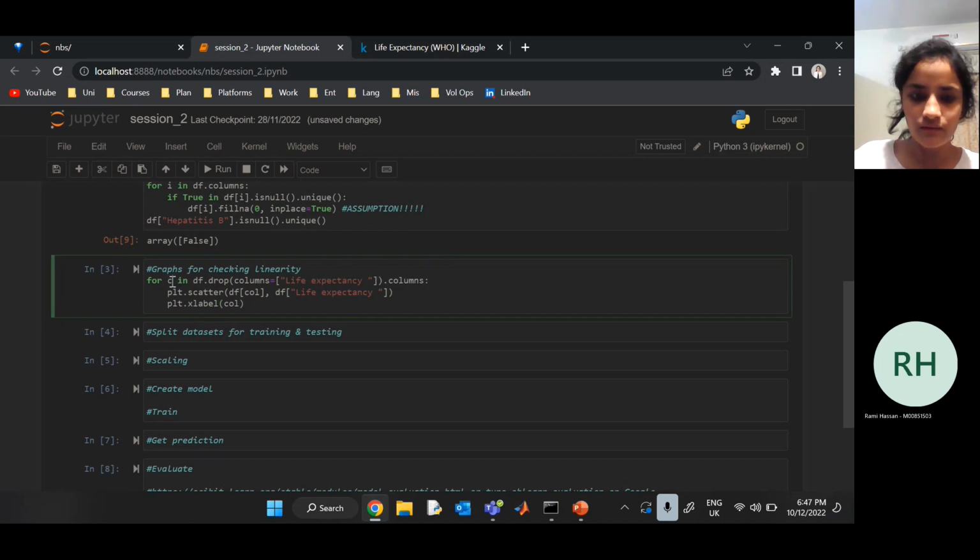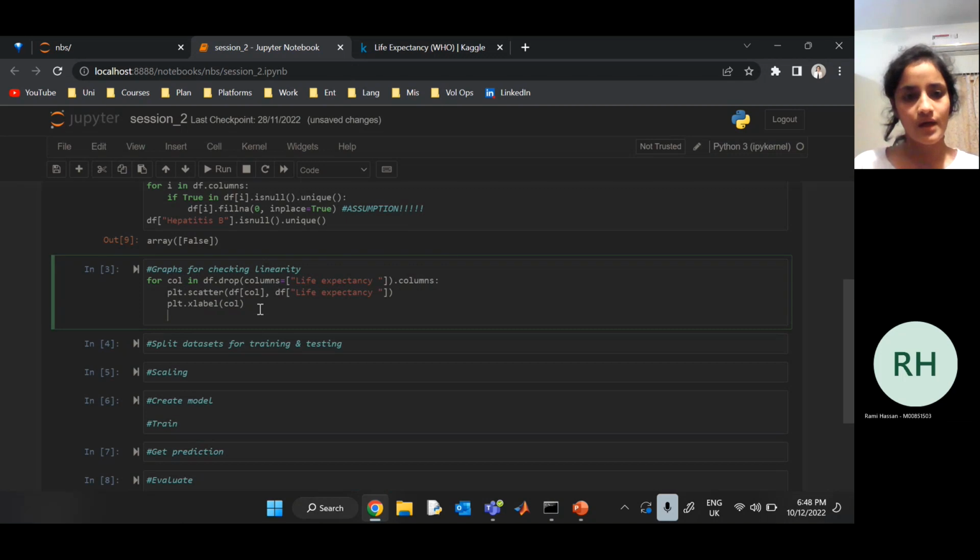Oh, I write column here. So for each plot, we're going to see the x-axis as that column. And I want all the y's to be life expectancy, right? So I'll add ylabel as life expectancy.